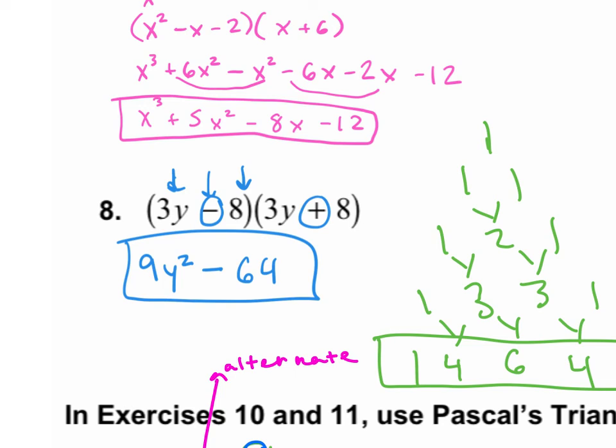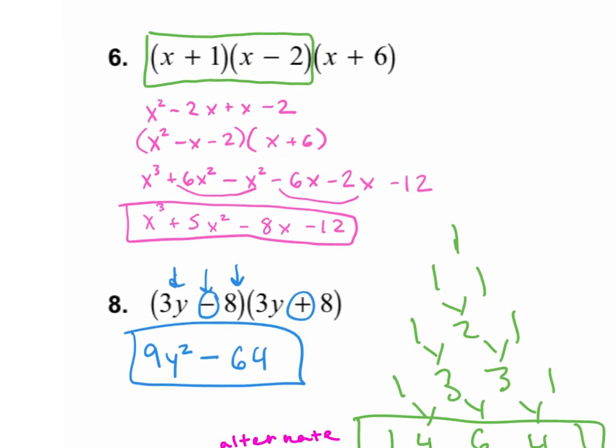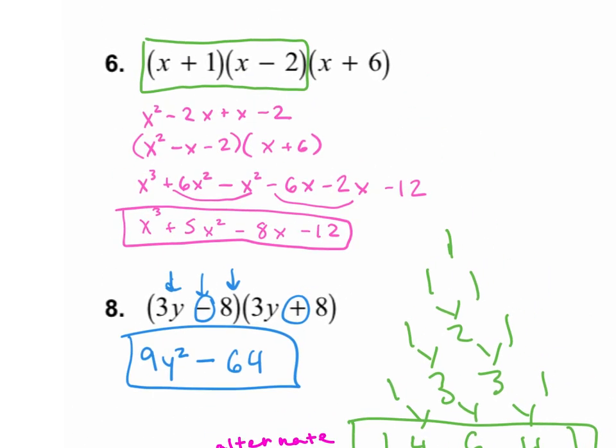Miss Carter, yes. For number 6, how come you didn't multiply negative 2x by x? Instead, you just put negative x squared. So how come I didn't multiply negative 2? Wait, for which one?